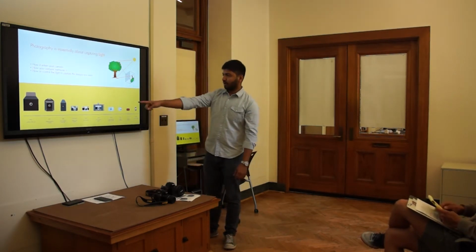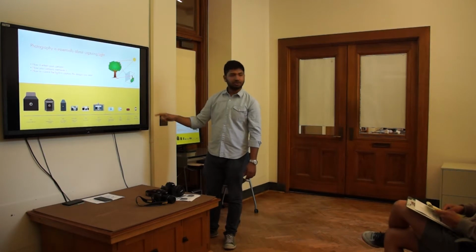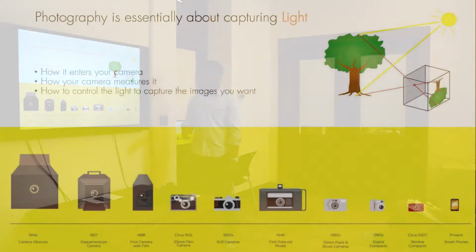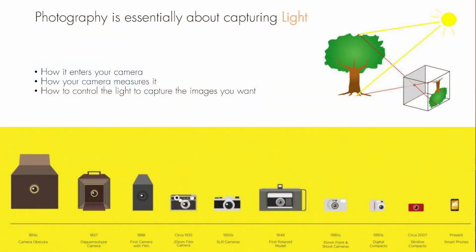And at the bottom, I have the evolution of camera technology. So the first one is camera obscura. It's one of the earliest versions of camera, where it used to be a simple box with a simple lens fitted in the front, and there used to be a tracing paper at the back, and a person used to actually manually trace the light rays which is projected on the tracing paper.